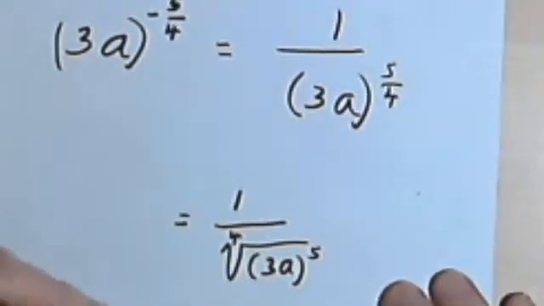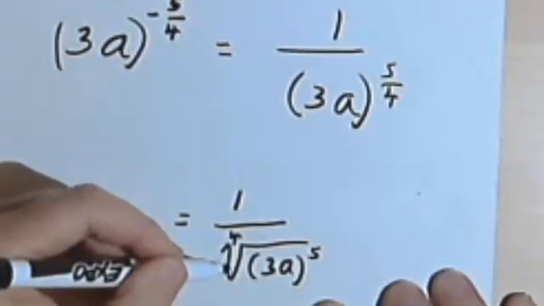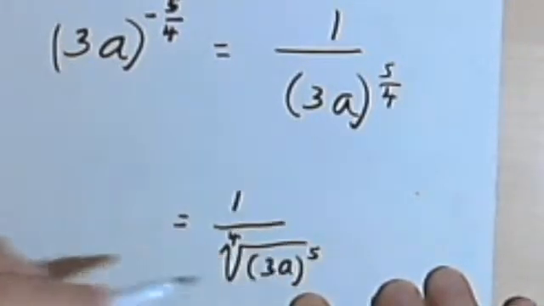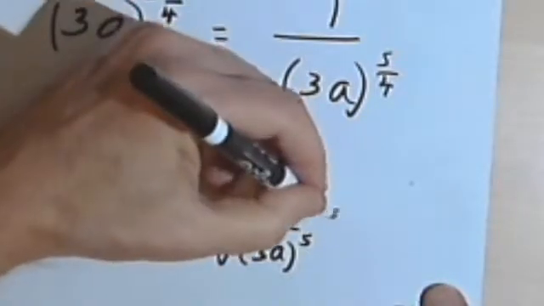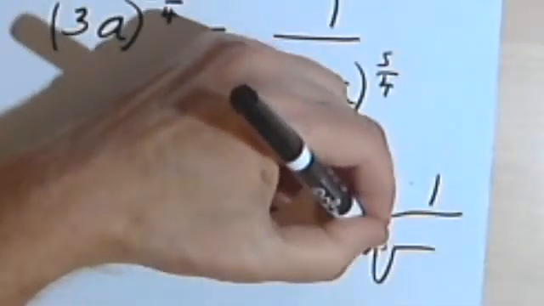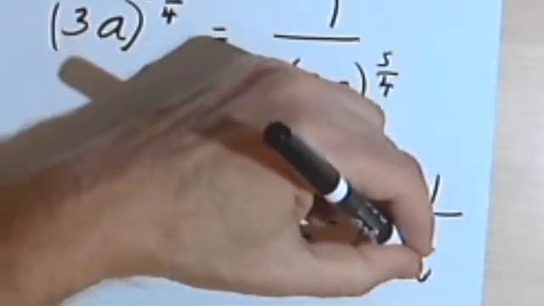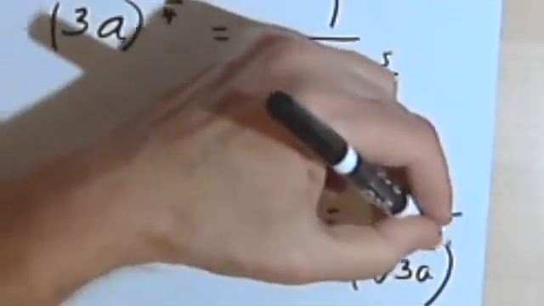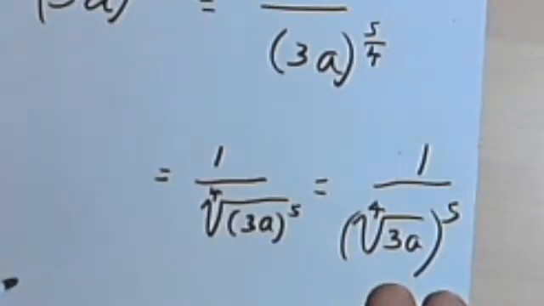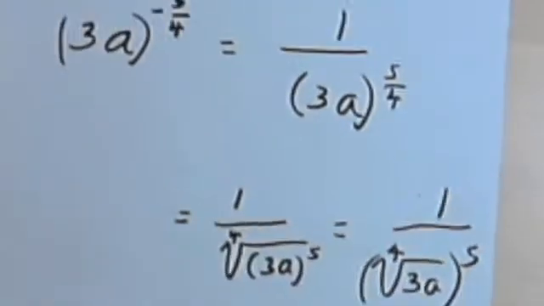So 1 over the fourth root of 3a, end of parentheses, to the 5th power. Or we could say that's the same as 1 over the fourth root of 3a, and raise that fourth root of 3a to the 5th power. Either way will work.